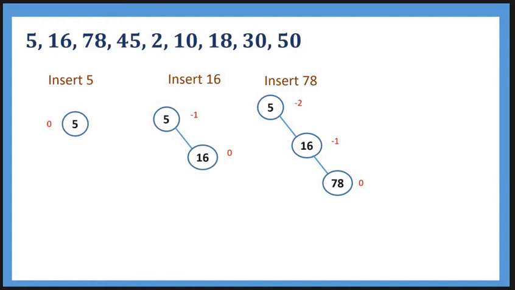As soon as you insert the 78, it has become a right skewed tree. If you remember the examples that we discussed in the rotations, try to compare this diagram with the rotation examples that we discussed. So here the newly inserted node is 78 and the unbalanced node is this 5. This newly inserted node is on which side?